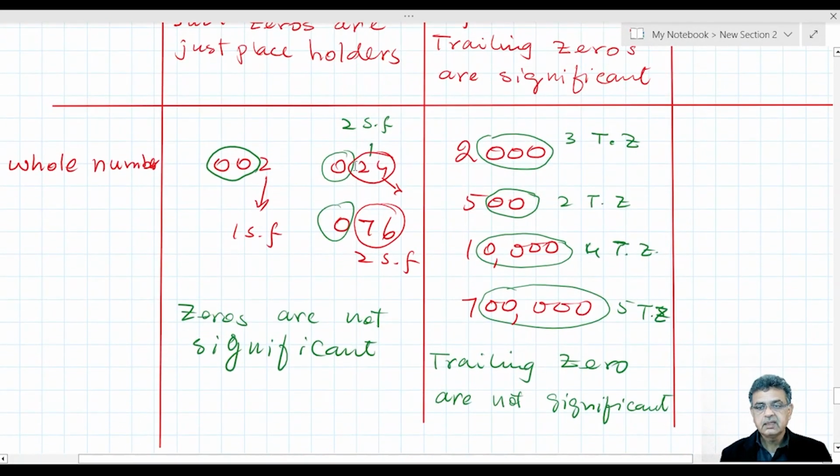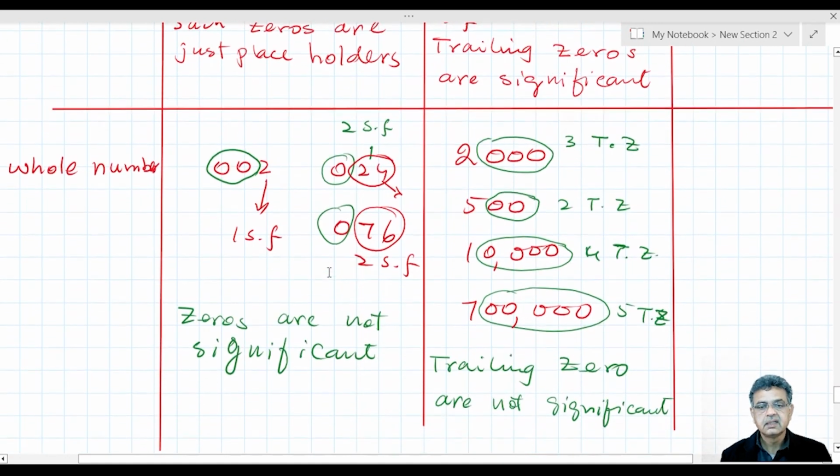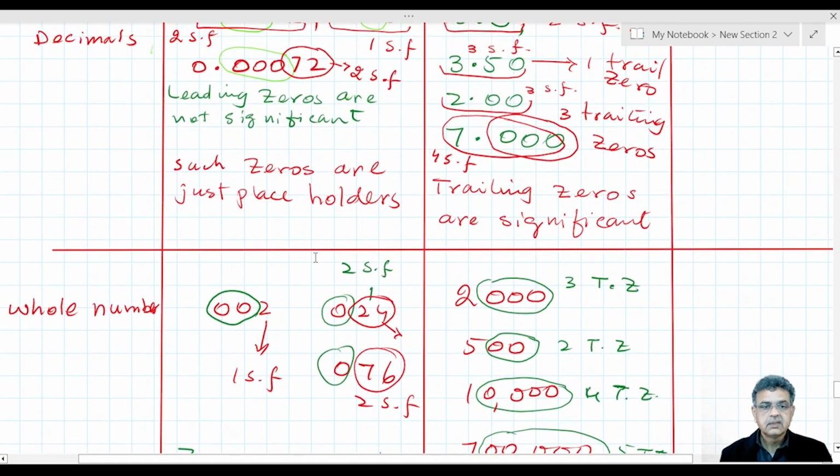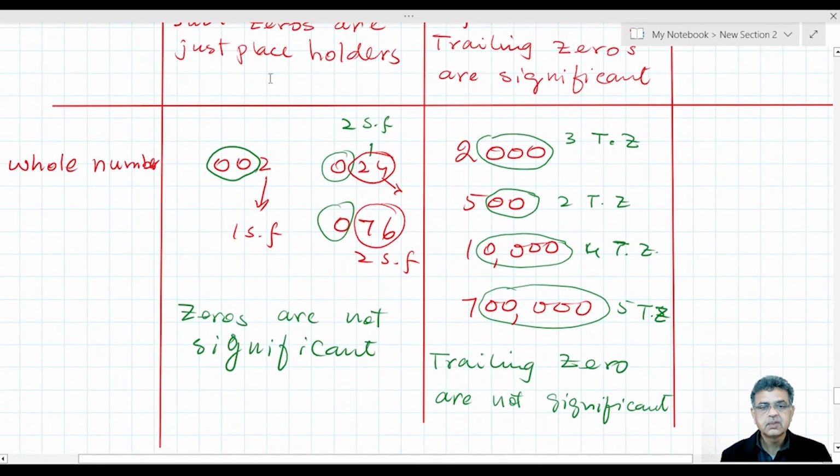Okay, now in all this detail, you can see that there are two types of numbers, decimals and whole numbers. There is no difference between them regarding leading zeros. In both of these types of numbers, leading zeros are not significant.